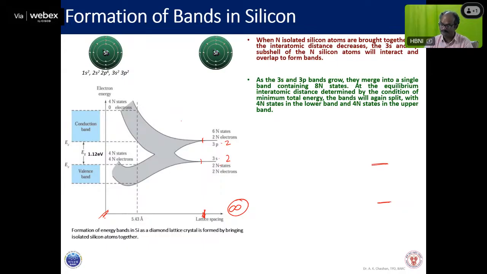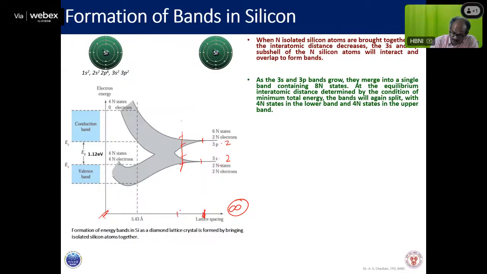Just imagine this. Now if I further bring all the n atoms together, so that the distance between each atom is reduced to this level, this will further start splitting, and you can see there are 2 bands, one is this band, another is this band.